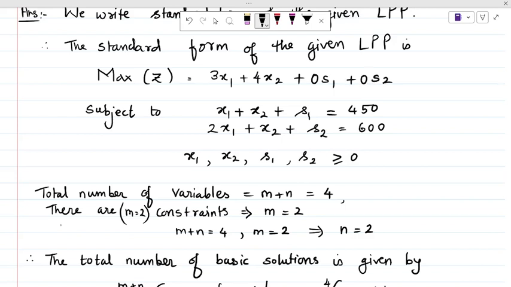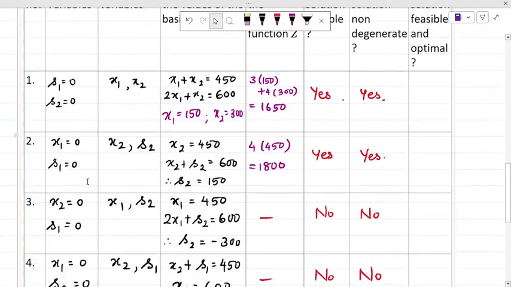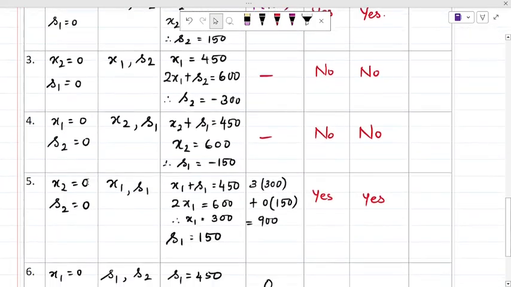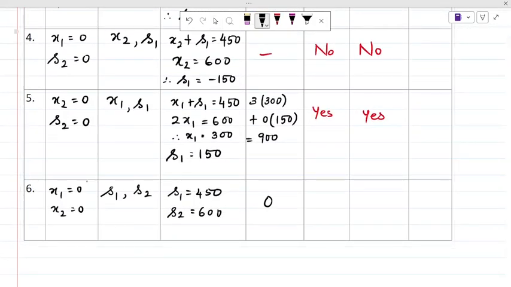If you want, you can write it. If you don't write that, also it is okay, because the function is not going to be affected there. So that is what we get, right? Now is it a degenerate solution and optimal solution? Everything in this case also it is yes, because they are positive and these are zeros.